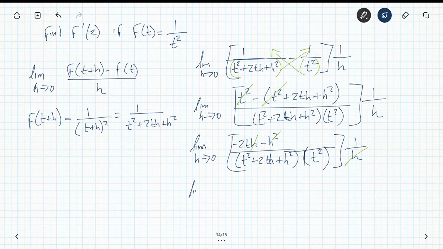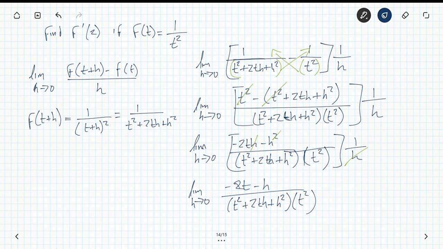So let's write it: the limit as h approaches 0 of negative 2t minus h. Remember, the squared term was taken away and the h in front of the 2t was also taken away. And so we're left with (t squared plus 2th plus h squared) times t squared.